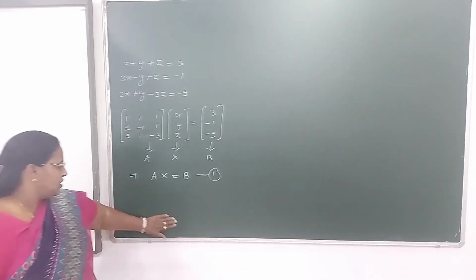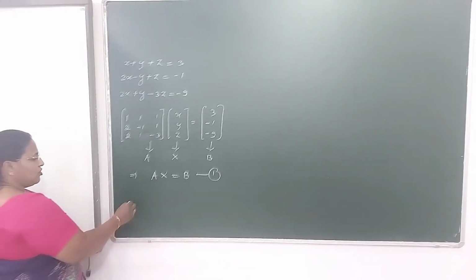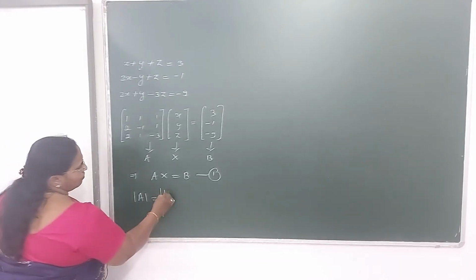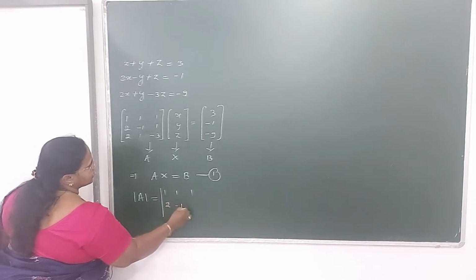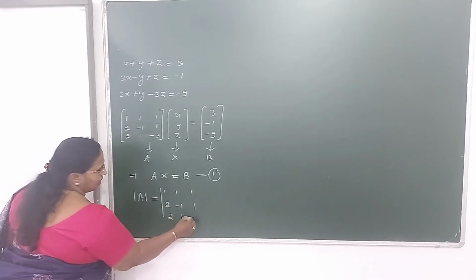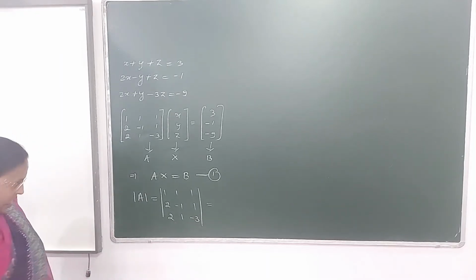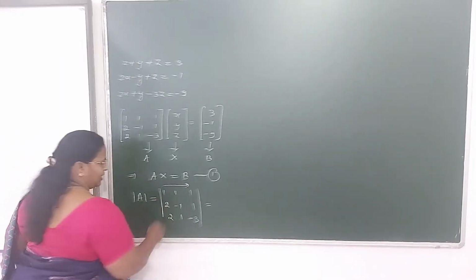Okay, so now what to do? You will find out determinant of A. So it's the determinant with rows 1 1 1, 2 minus 1 1, 2 1 minus 3. Now you very well know how to expand it. With the help of any row or any column you can go for the expansion.